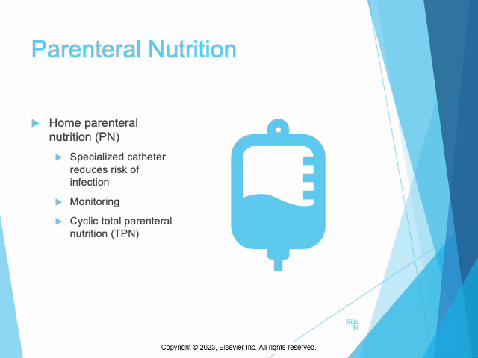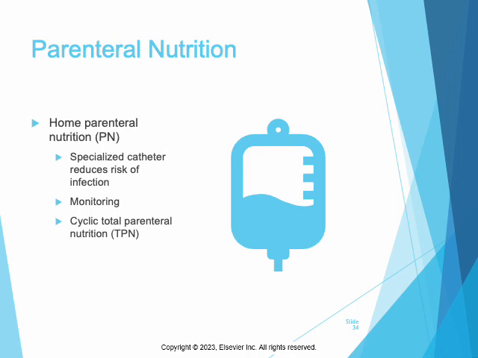Now, patients may be scheduled to receive home parenteral nutrition at night during their sleep. We call this cyclic. It's to allow the freedom to leave home and go to work and do the things that they would do in their normal day routine.